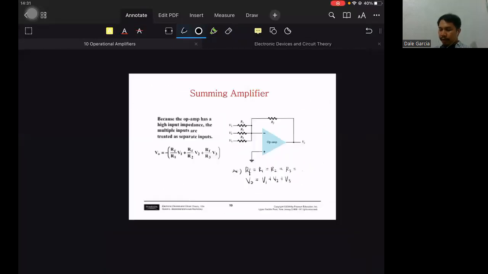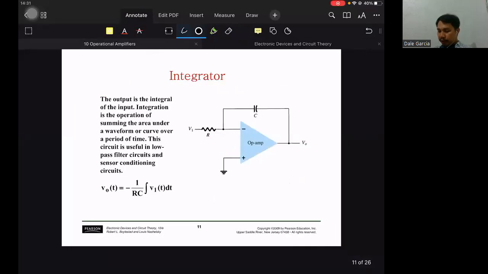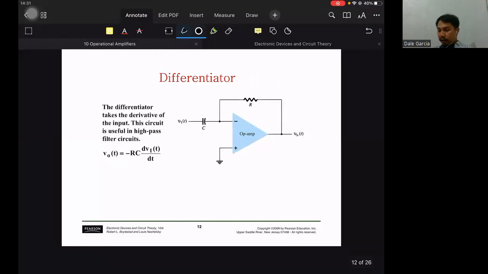So you also have the integrator. The output is the integral of the input signal. And the differentiator. The output is the rate of change of the input signal.